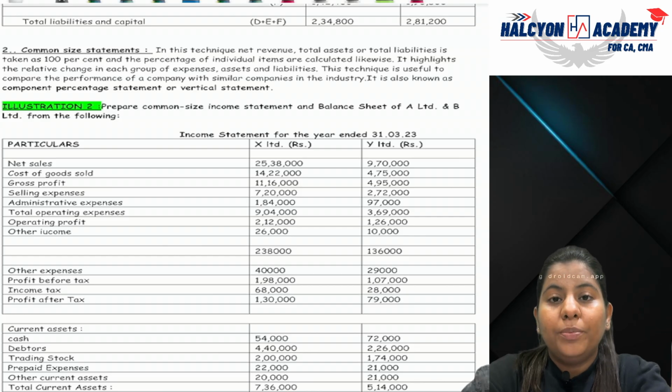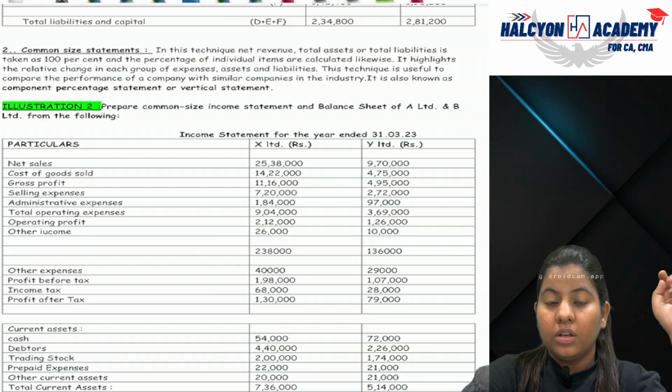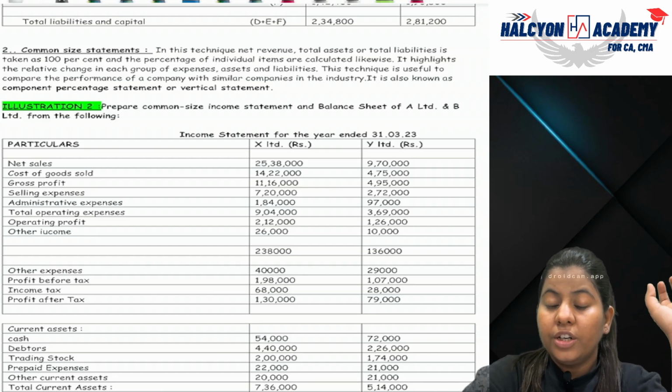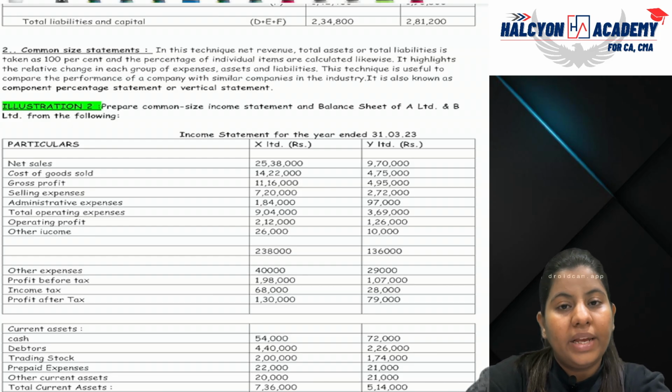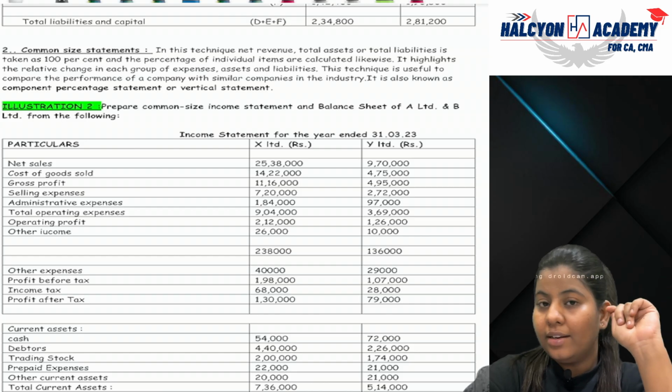Now, what will be the common base? If the income statement is given, turnover will be taken as common base, and if the balance sheet is given, total assets or total liabilities will be taken as common base.